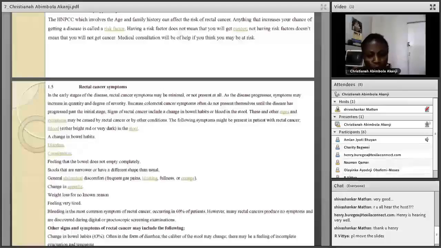The following symptoms might be present in a patient with rectal cancer: blood, either bright red or very dark, in the stool; a change in bowel habits; diarrhea, constipation, a feeling that the bowel does not empty completely; stools that are narrow or unusual.